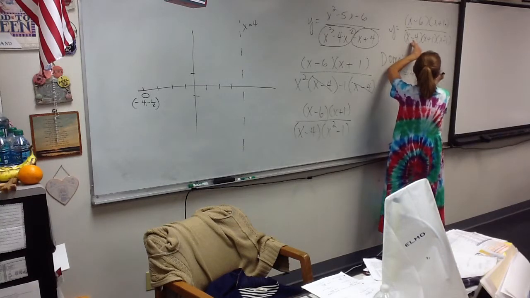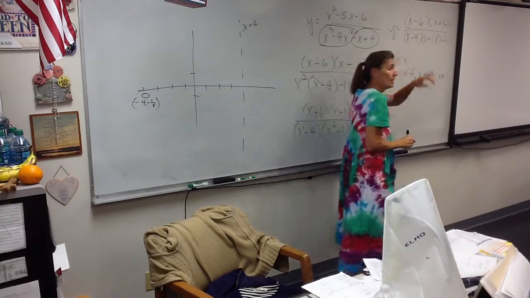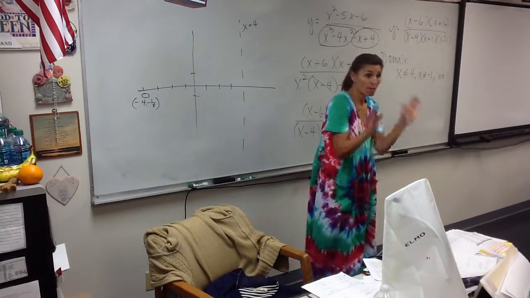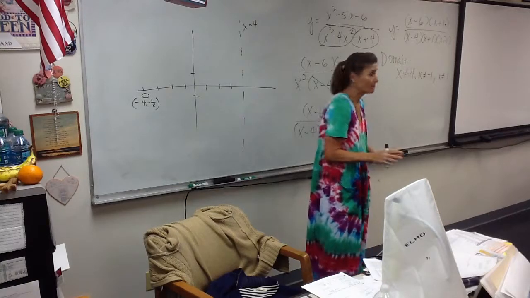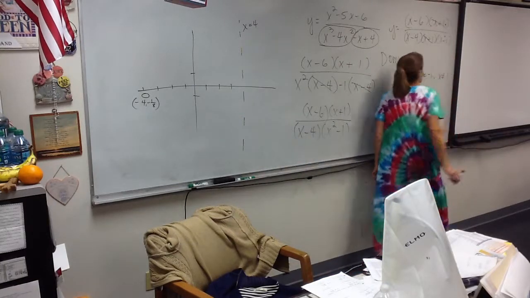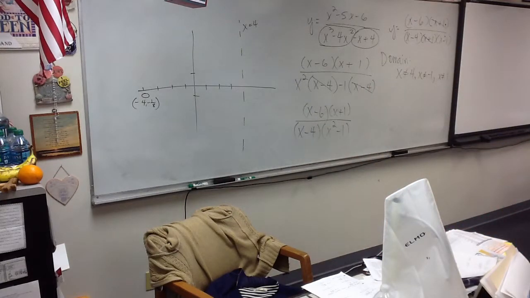X can't be negative 1. X can't be 1. But some of those are holes, some of them are asymptotes. Got to figure out what's what. What will cancel? That's x plus 1. Only one thing cancels, so I'm going to have 1 hole. What will the other 2 things be? Asymptotes.